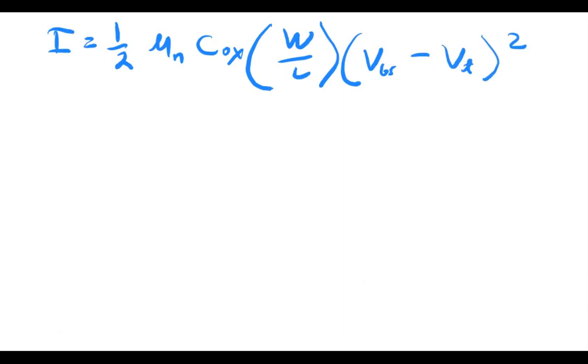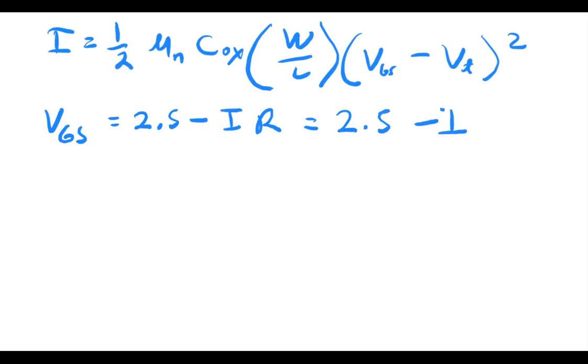Okay, and we know that VGS is 2.5 volts minus, so that's an old equation at the source of Q1, which is equal to 2.5 minus I. Okay.